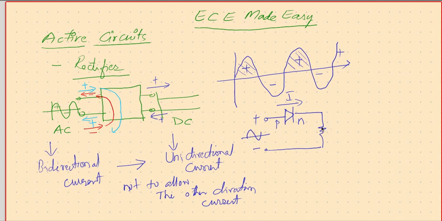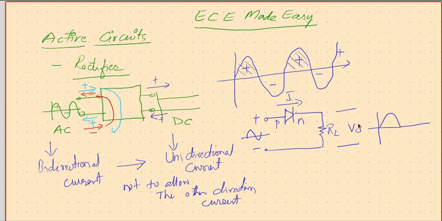When the current is flowing in the positive direction, the current depends on the magnitude of the voltage. Therefore, the current also follows this sinusoidal shape, and this sinusoidal current flows through this load resistance. Then the voltage across this, which we call the output voltage, also follows this shape.